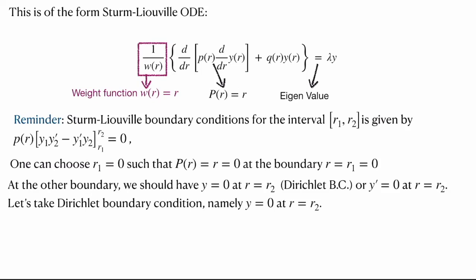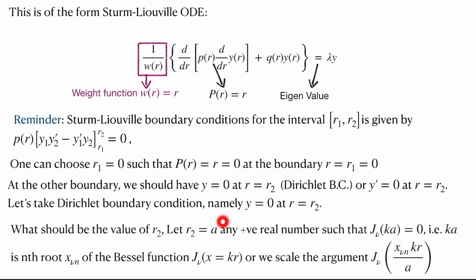The solutions of Bessel functions, with the different eigenvalues, can be used as orthonormal functions to express an L2 function. So here we take R2 equal to a positive number a, and map all the zeros of the Bessel function, x nu n, the nth root of j nu, to x is equal to a, such that the Bessel function argument is scaled, x nu n k of r by a.